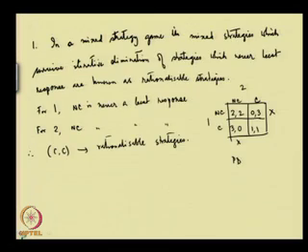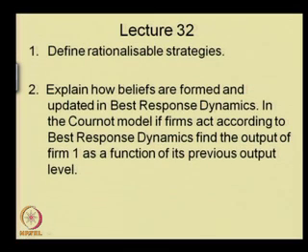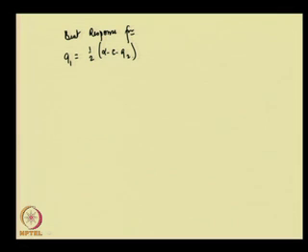In the Cournot model, if the firms act according to the best response dynamics, find the output of firm 1 as a function of its previous output level. So, in the Cournot model, what do we know? We know the following. This is the best response function. Now, remember here we are talking about different periods, so one has to incorporate the time dimension.